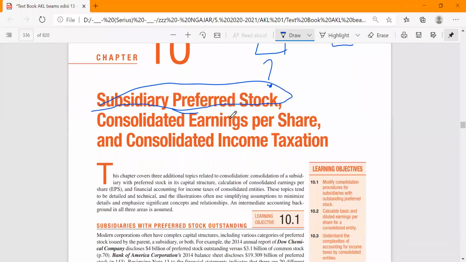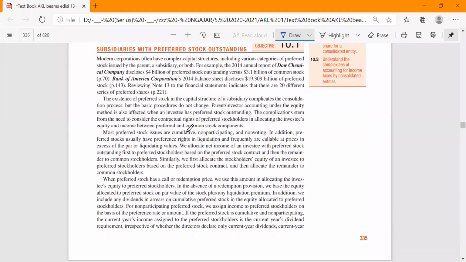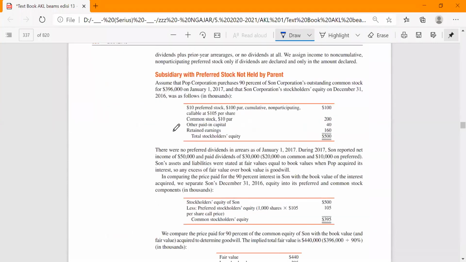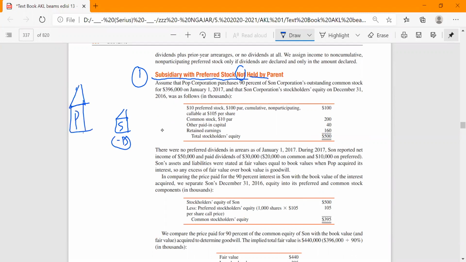The subsidiary preferred stock in this book is divided into two sub-discussions. The first one is the subsidiary with preferred stock not held by the parent. It means that the subsidiary company has preferred stock, but this preferred stock is not acquired by the parent company.